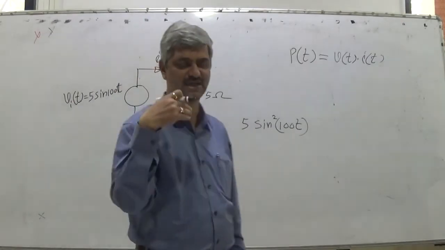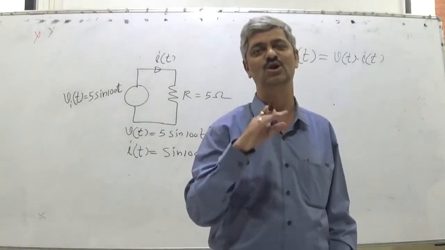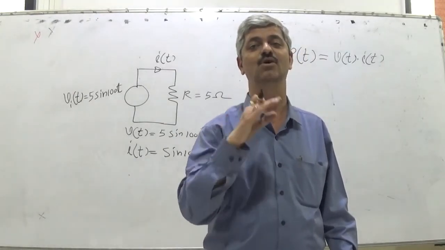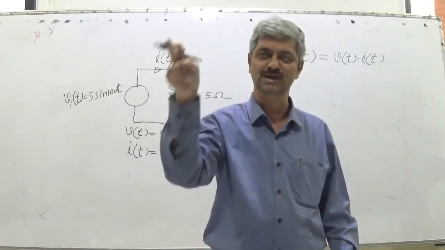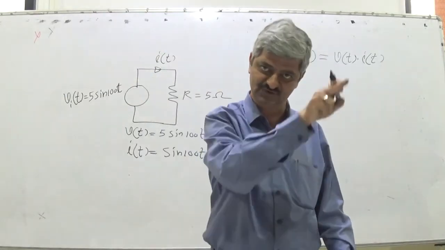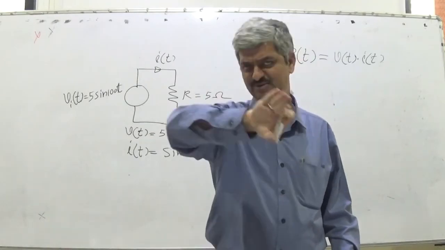The sine term can be positive, it can be negative, but sine square is always positive. Sine square is always positive. So one sine wave, to that you apply a sine wave of the same phase. Amplitude may be the same or different, that comes out.